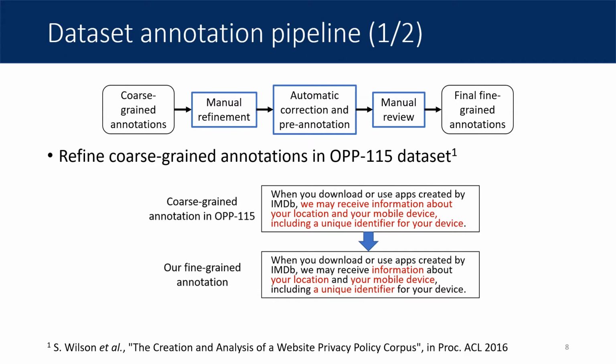In the example below, we refine an annotation that covers a long text span into fine-grained annotations that cover short phrases describing specific data types such as information, geolocation, mobile device, and unique identifier.